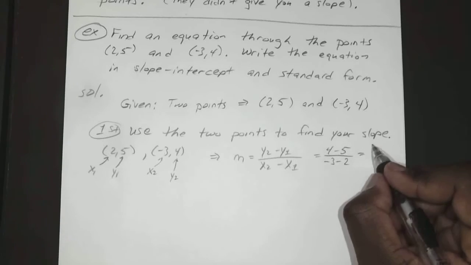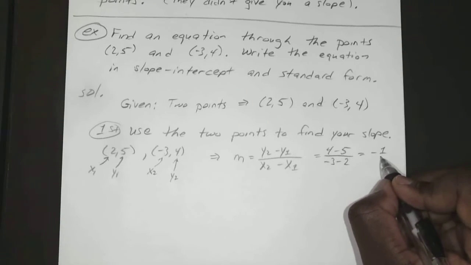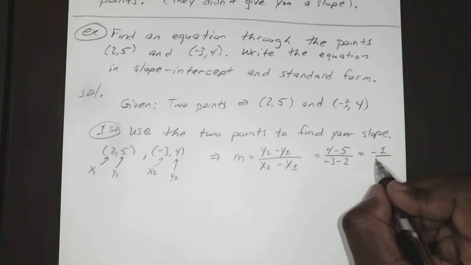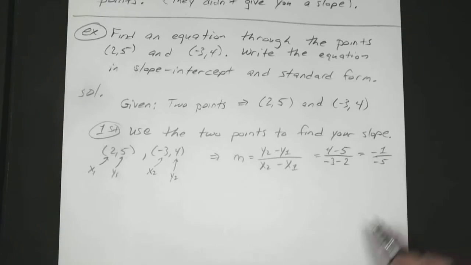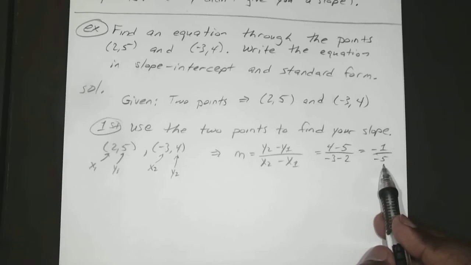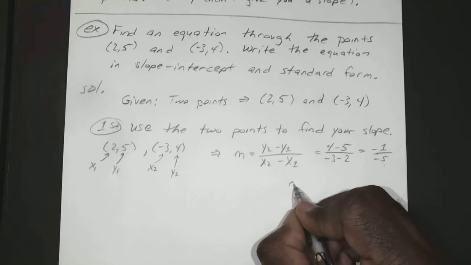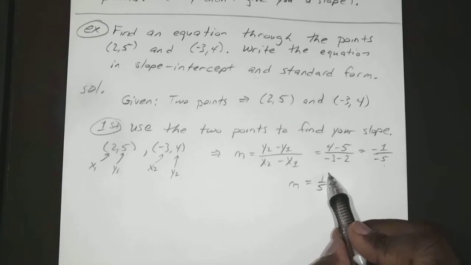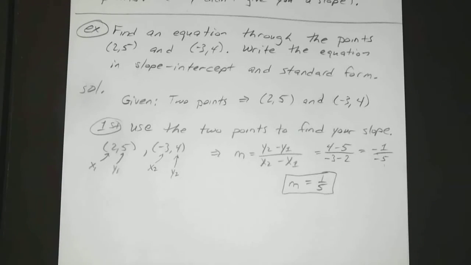Okay, so 4 minus 5 is negative 1. And negative 3 minus 2 is negative 5. So negative divided by negative is positive. So we end up with a slope that's equal to 1 over 5. Okay, so we're halfway there.